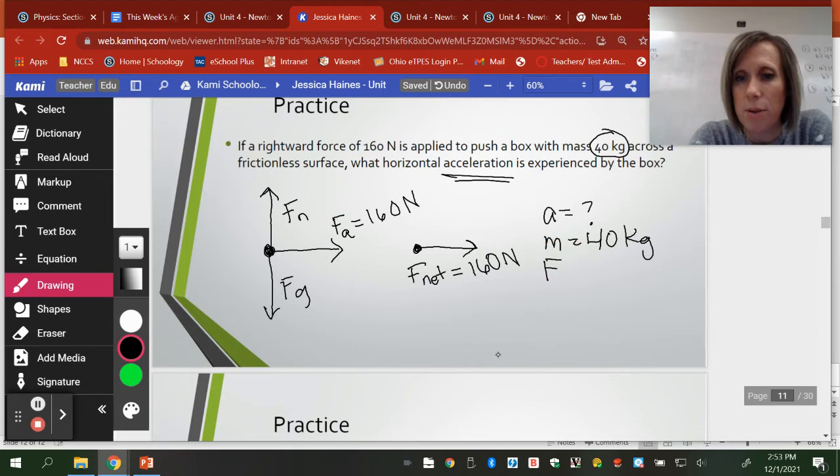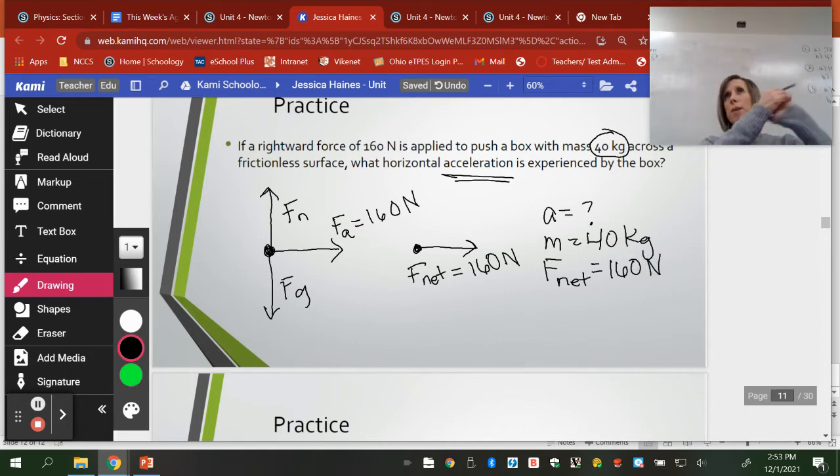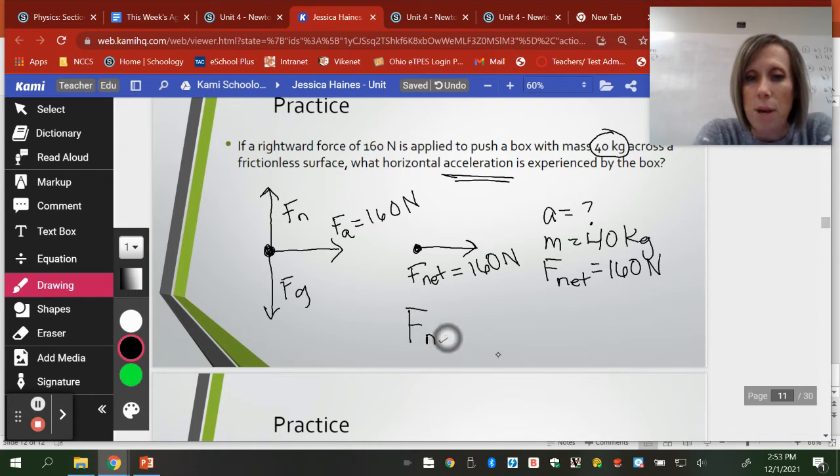I'm not going to list my other forces, because anytime you have net force as an actual value, you have the part of the equation that really matters. Anytime you see net force, the equation is net force equals ma. Net force is mass times acceleration.